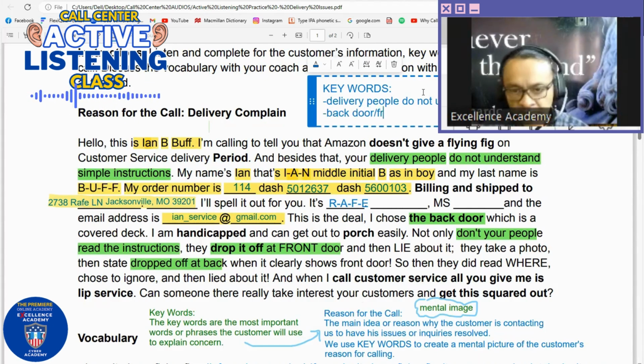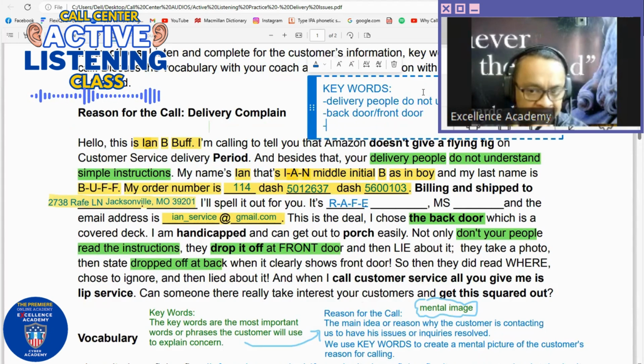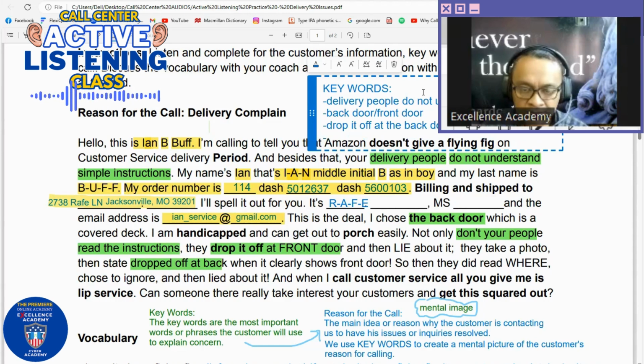Back door, front door. So he talks about both of the doors. And he says they drop it off at the back door. And again, don't read instructions.